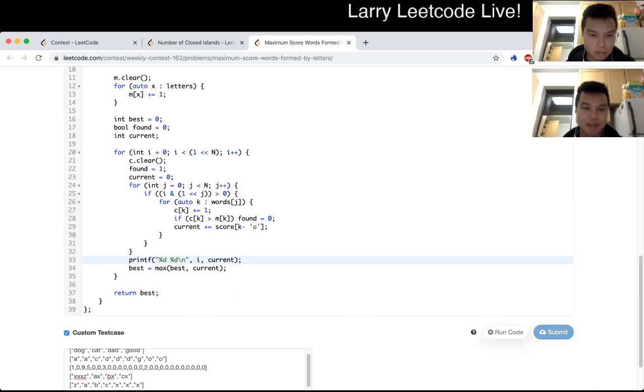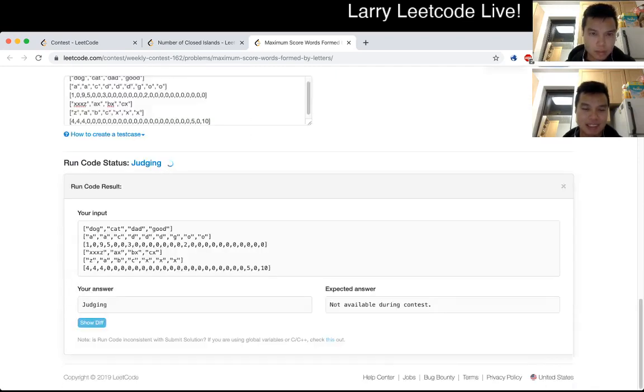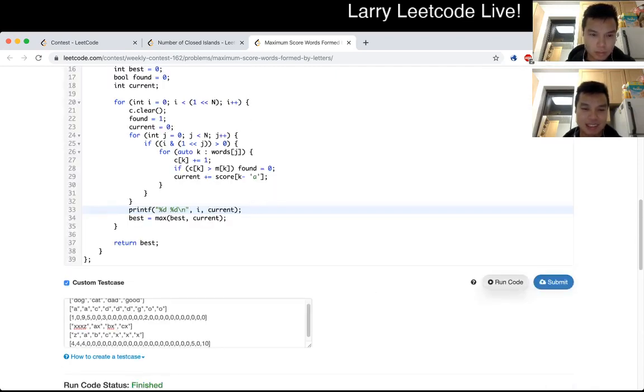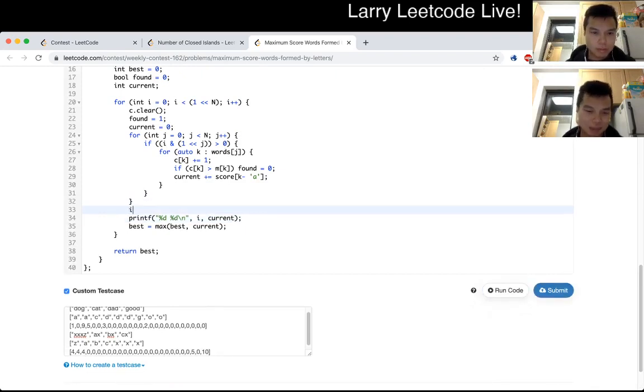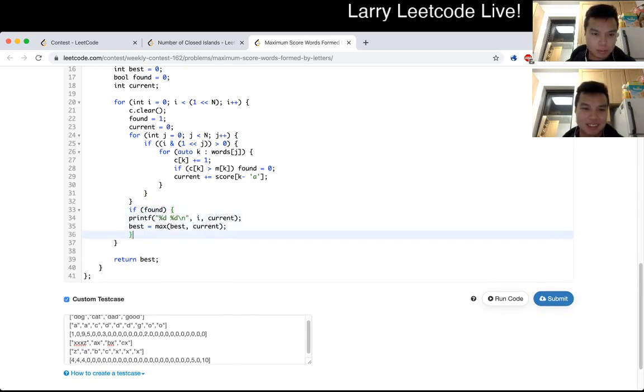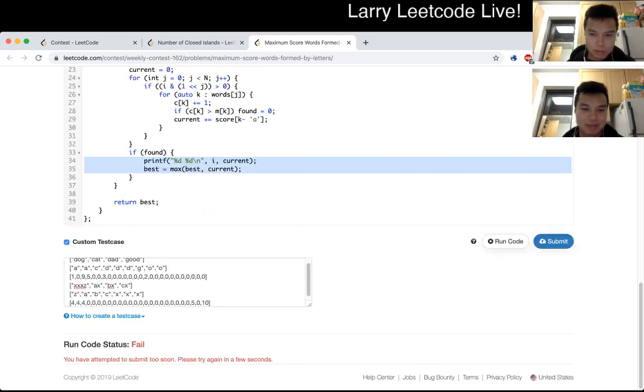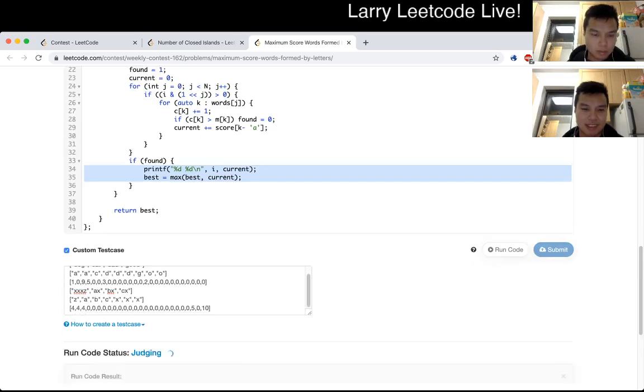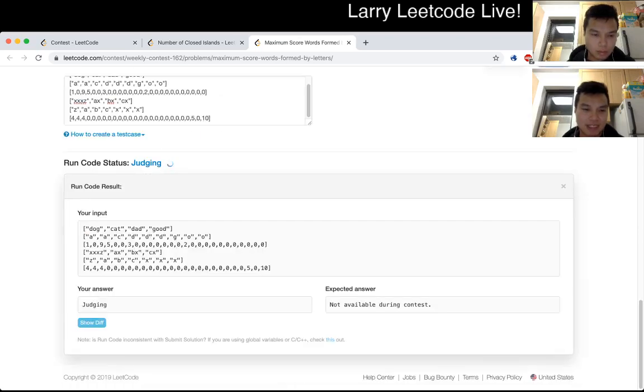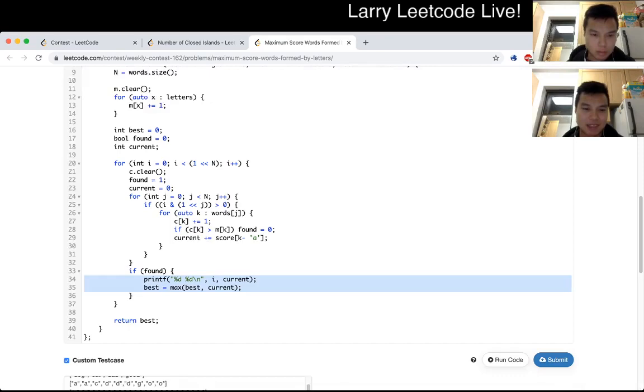I think right here, even before I looked at the solution, I noticed the issue: I don't use found, which is why I always have an answer. And here I didn't look at the results, but I just looked at 22 and 27, which is the right answer. So then I could point it out.